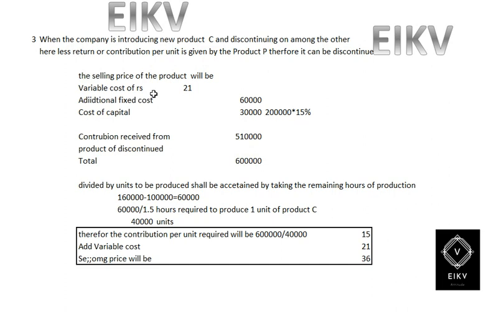Here we have the variable cost as 21. Additional fixed cost is 60,000. Then we have the capital requirement, which is 30,000, that is 2 lakh into 15%. And then we have the contribution received from the discontinued product, which is 5 lakh 10,000. When we add the entire sum, we get an amount of 6 lakh, which is 5 lakh 10,000 plus 30,000 and 60,000.